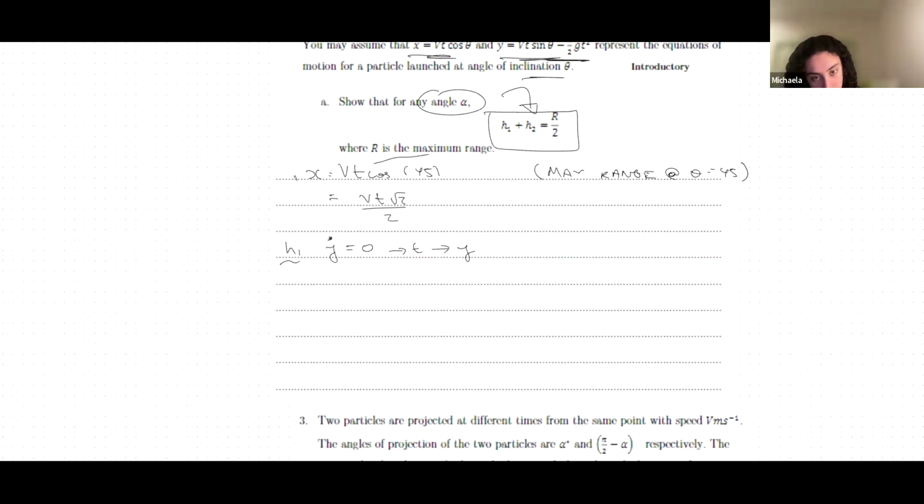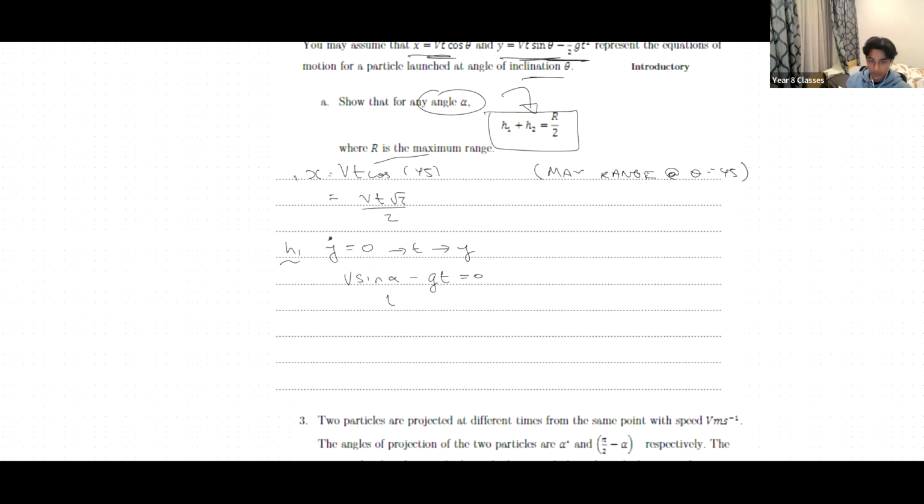Y dash equals 0. So y dash for the first particle equals V sine A minus gt. And then when that equals 0, t equals V sine A on g.